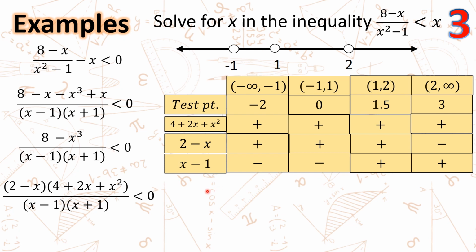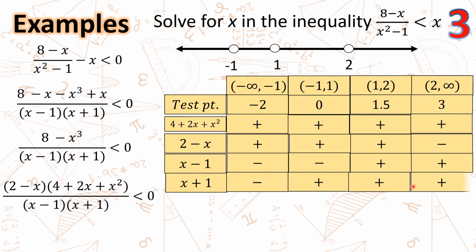Then our last expression in the denominator, x plus 1. At test point negative 2, this is negative. At test point 0, positive. At test point 1.5, positive. Also at test point 3, this is positive.